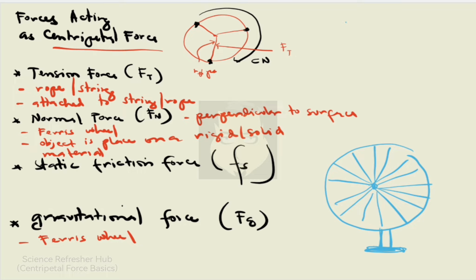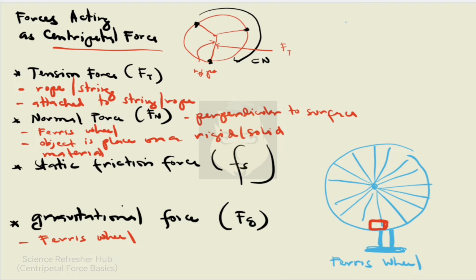It looks like a stand fan, but it's a Ferris wheel. I will label it here, Ferris wheel. Now there's no rope, so it's not tension force that acts as a centripetal force here, but it's the normal force. So let's say that the cabin, I don't know if that's the right term, cabin is here.